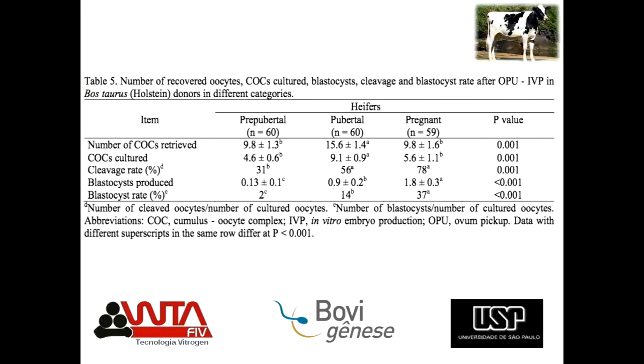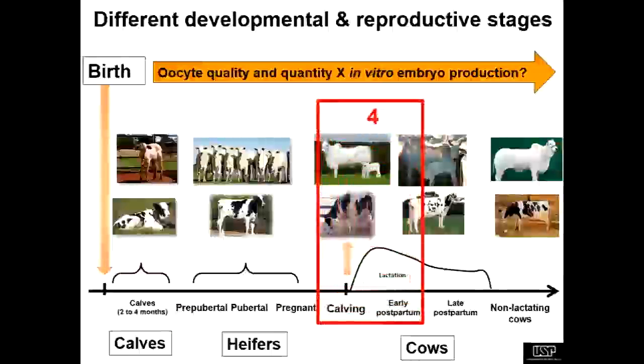Pubertal, we improve the blastocyst rate, and look here, the pregnant heifers, we arrived at 37% blastocyst rate compared to the other groups, and look at 0.1 embryo versus 1.8 embryos in the same day, in the same situation. So the pregnant cow in this situation has a good oocyte quality and good efficiency in the IVF production.